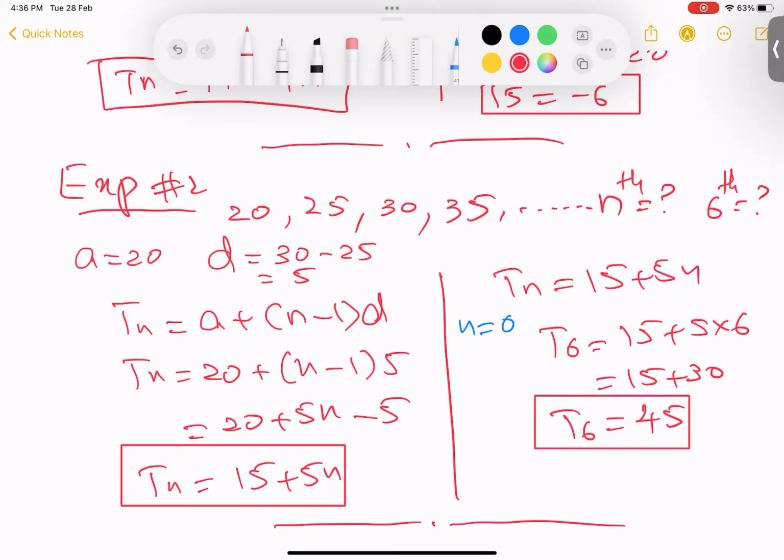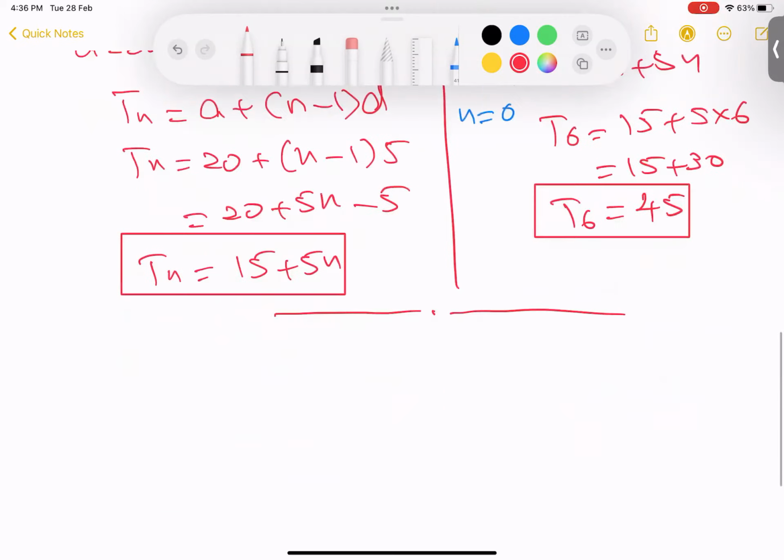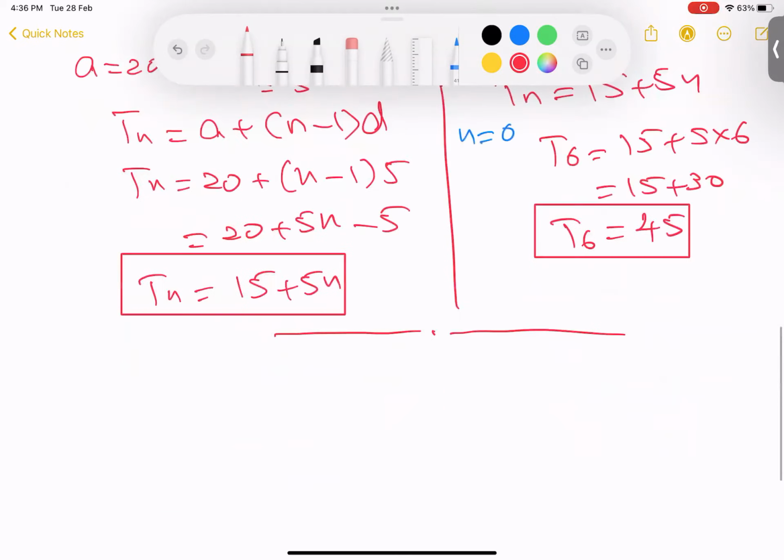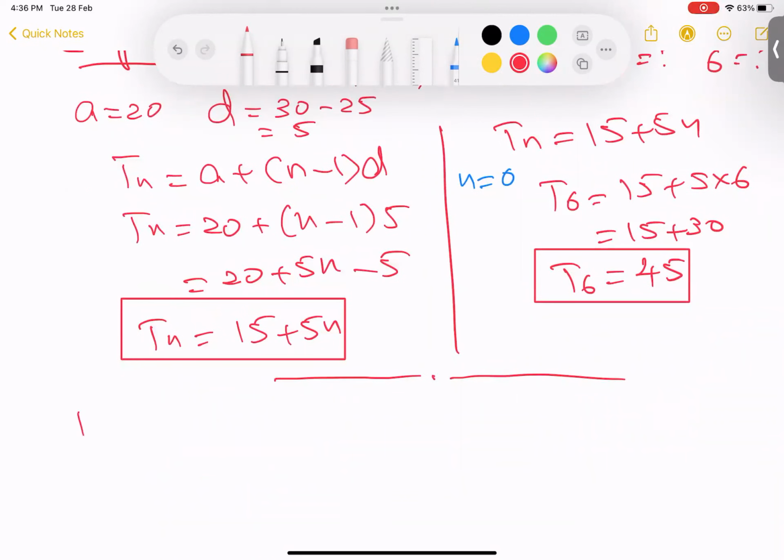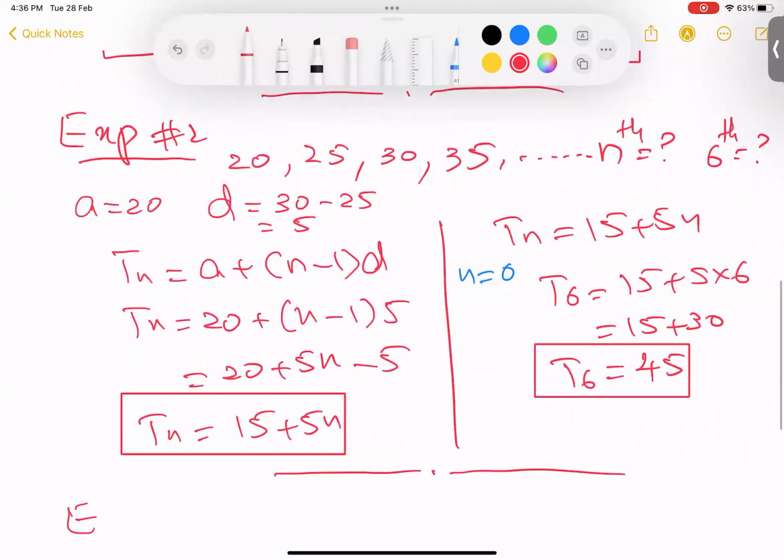And now I'm going to give you one more example of AP, because I believe now you feel better than before. Then I will give you a GP example. So take example number 3.